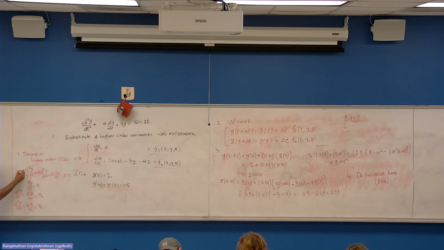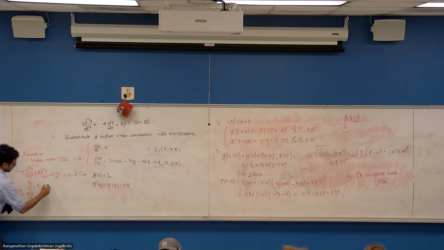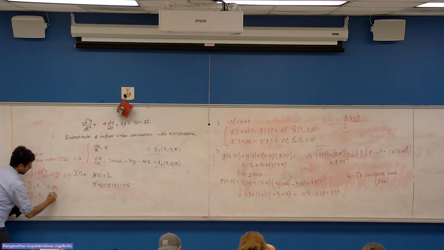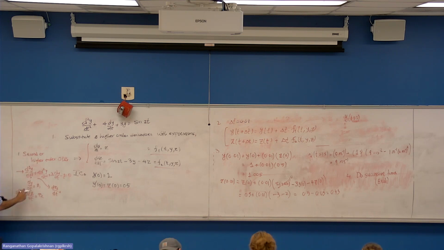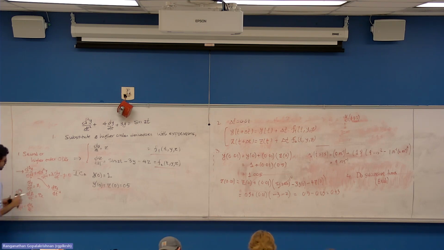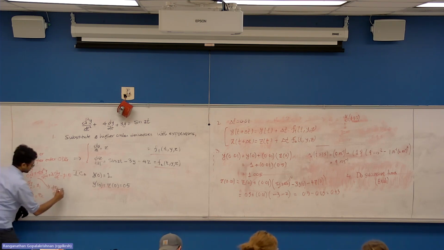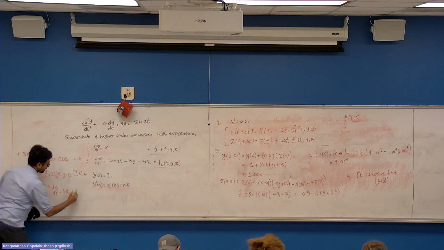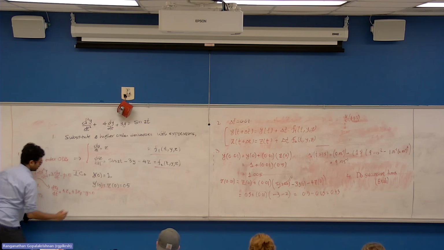So this first equation, with this substitution now, becomes dz2 over dt plus 4 times z2 plus 3 times z1 minus y equal to 0.